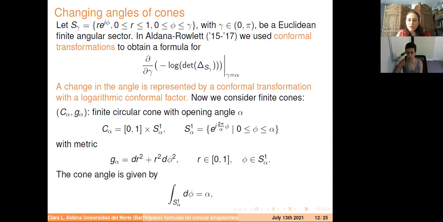And now we can do the same for cones, and we can consider finite cones. We could follow the same construction we did before, but we can do something else. So the cones that we consider are just straight cones over a circle with length alpha, so the conical angle is alpha.